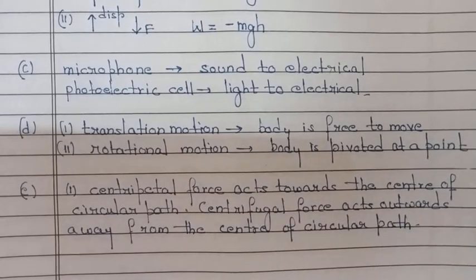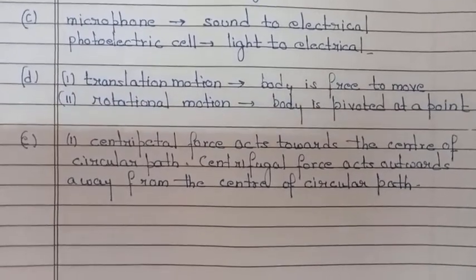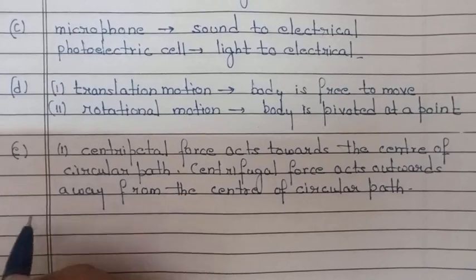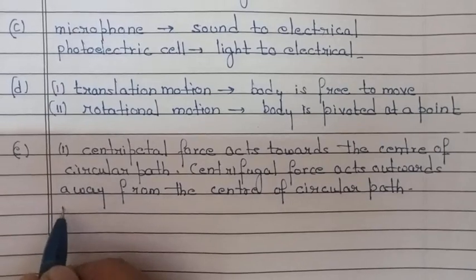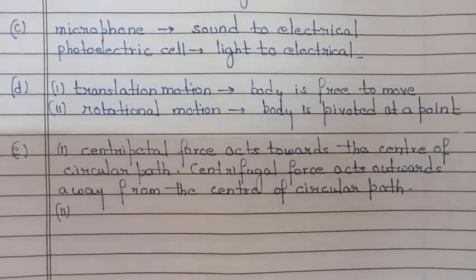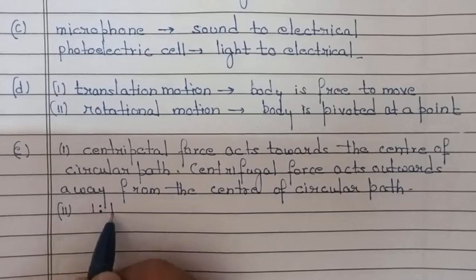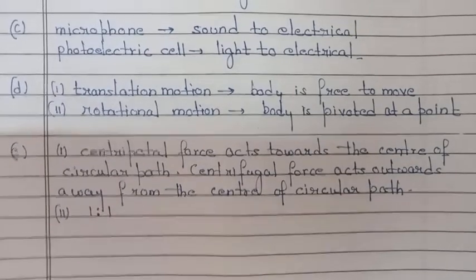So this is how you can differentiate between centripetal and centrifugal force in terms of their direction. Second part, they say you have to compare their magnitude. Now remember, the magnitude is the same, so you can write the comparison as 1:1.